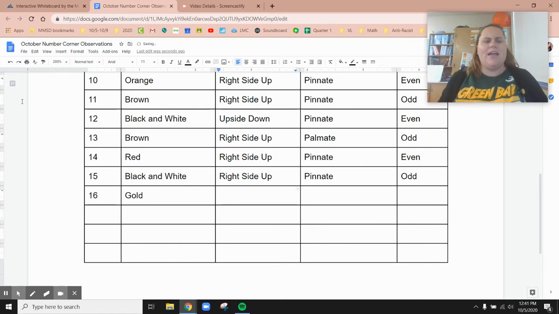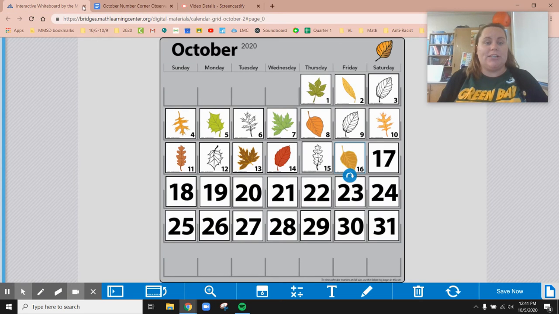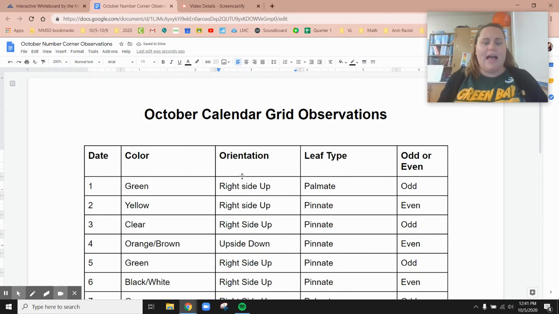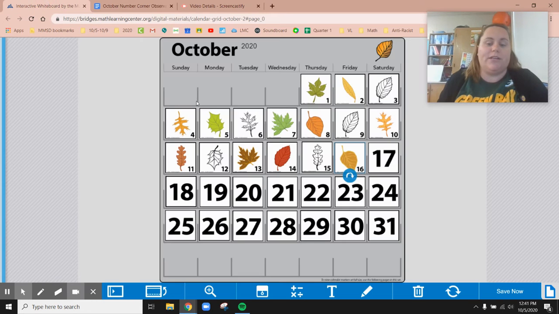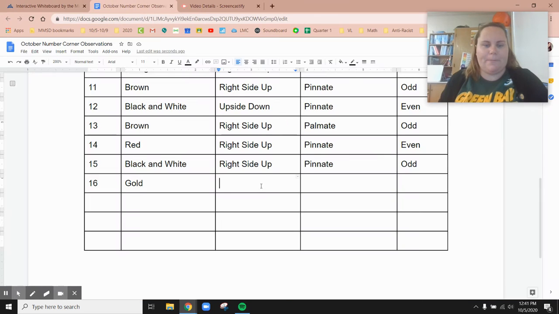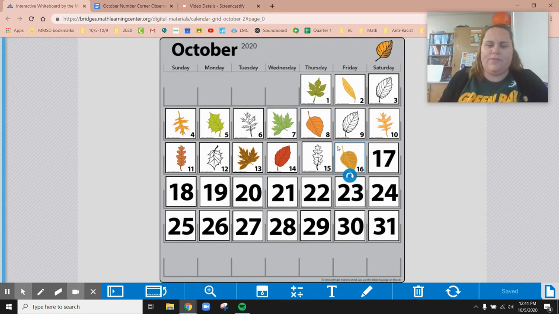Beautiful. And then let's see what the orientation is. Remember, if I go to my top, I can see what the labels to our columns are. And this is orientation. So we need to figure out, is it right side up or upside down? It's definitely upside down, right? Upside down. Nice work. Then we're going to figure out, is this a palmate or a pinnate leaf?